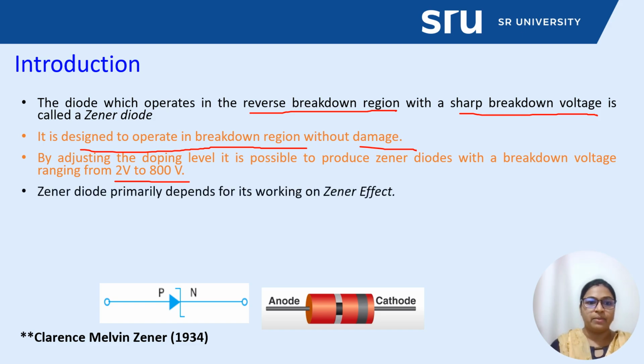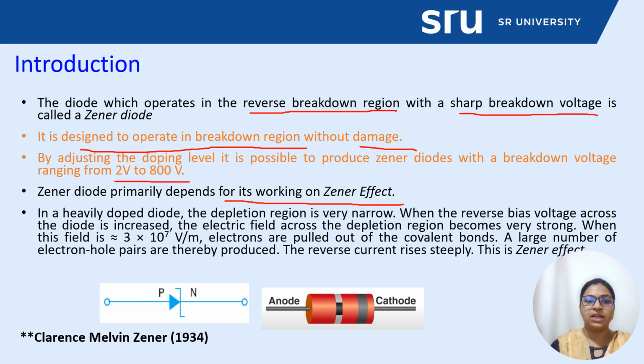So Zener diode primarily depends for its working on the Zener effect, and basically in the heavily doped diode the depletion region is very narrow. When the reverse bias voltage across the diode is increased, the electric field across the depletion region becomes very strong.